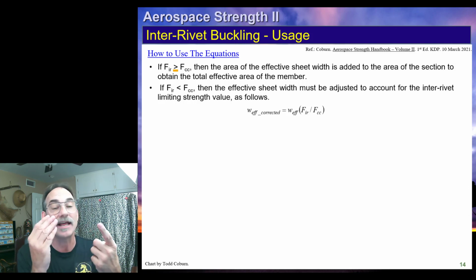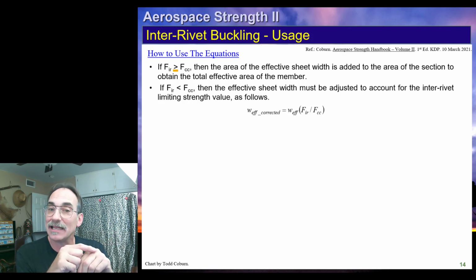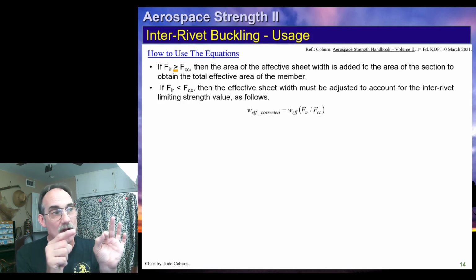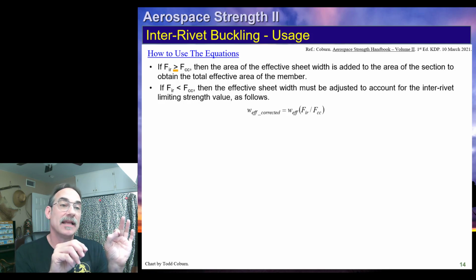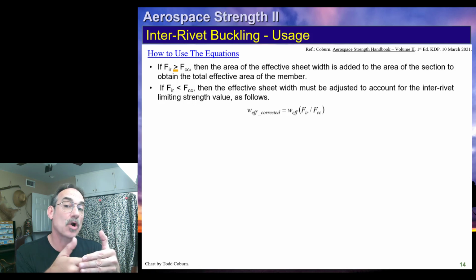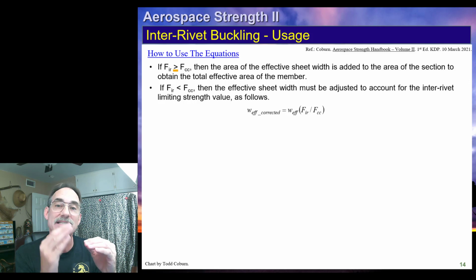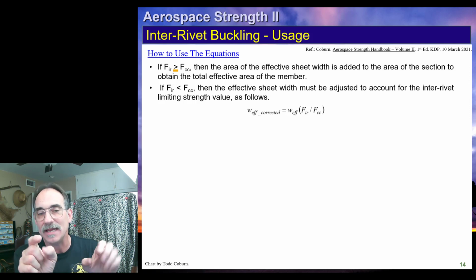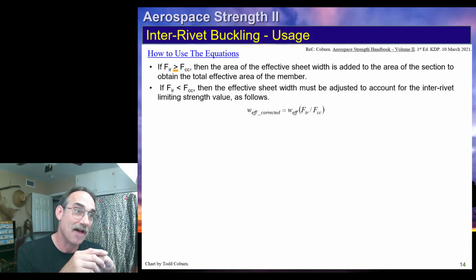Then we're going to calculate our inter-rivet buckling allowable and take the ratio. If our inter-rivet buckling allowable is less than our crippling allowable of the stringer, we will adjust our effective width using this equation. If our inter-rivet buckling allowable is the same as or greater than our crippling allowable of the stringer, then no adjustment to the effective width is needed. We will not use this equation to increase the effective width of skin. That would be wrong, unconservative, and can result in catastrophic results.